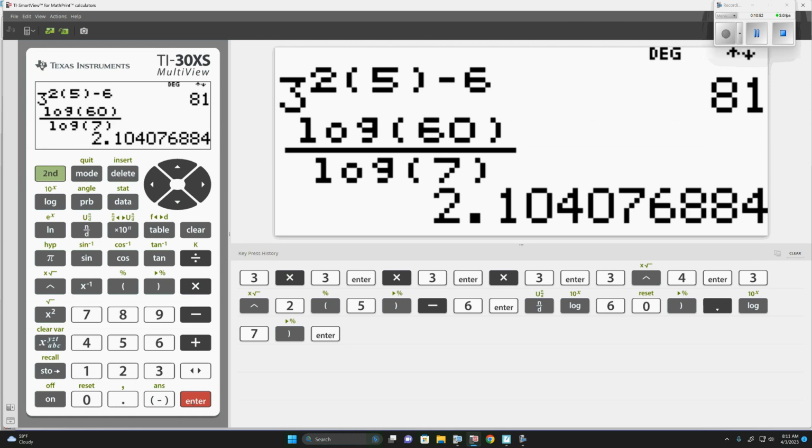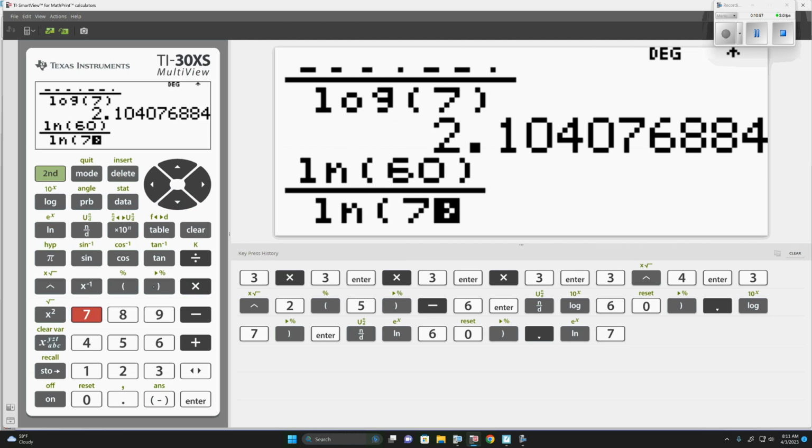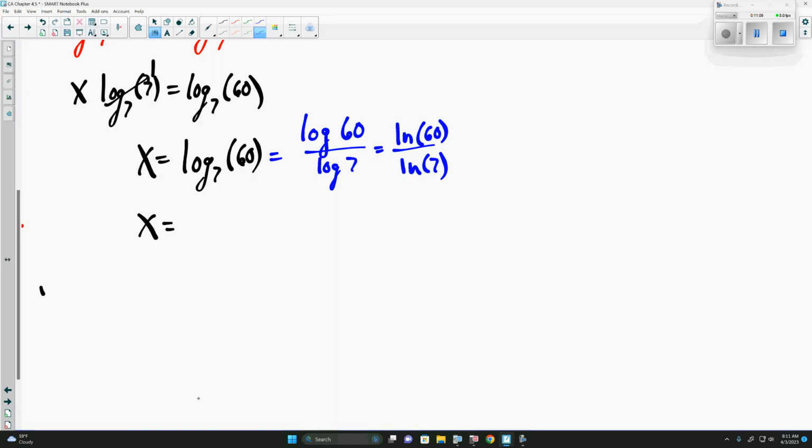And we get this here. We could have done the same thing with ln of 60 over ln of 7. And we still get 2.104. So we'll say 2.104. And that's our answer.